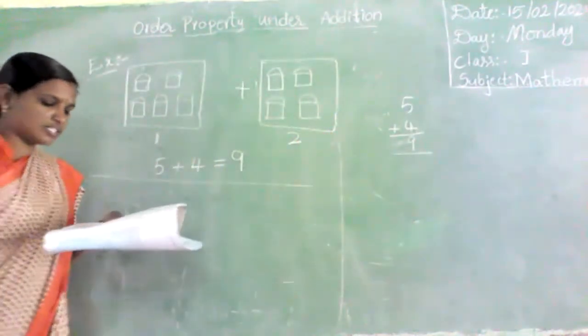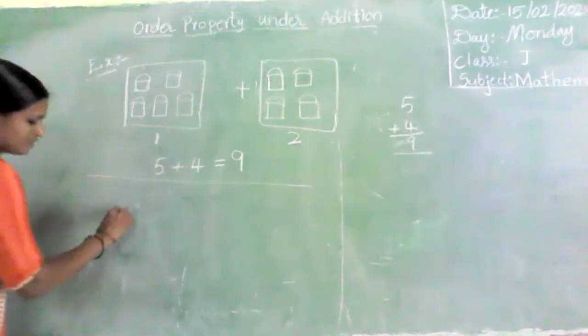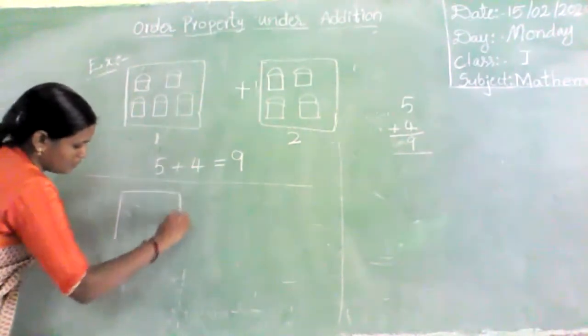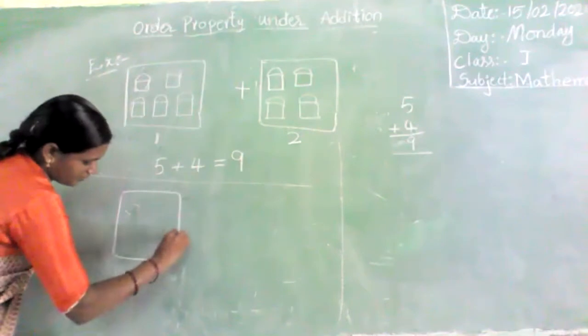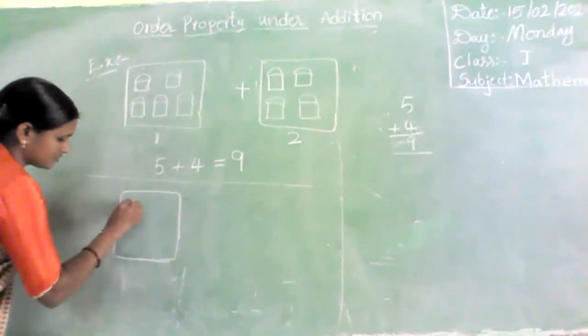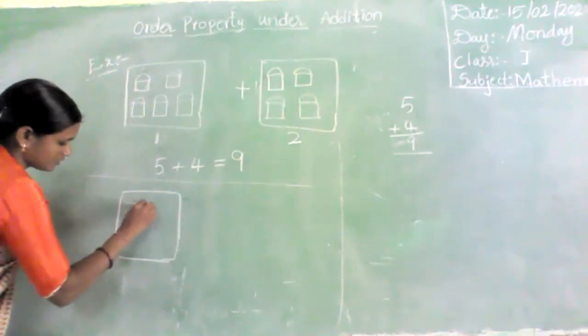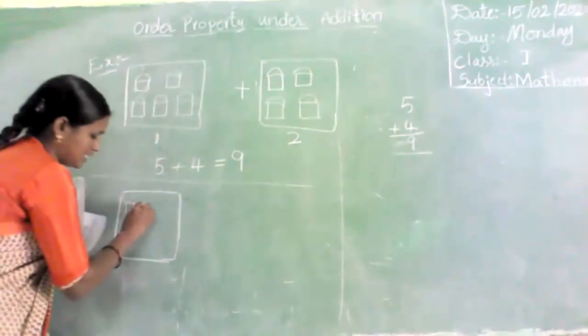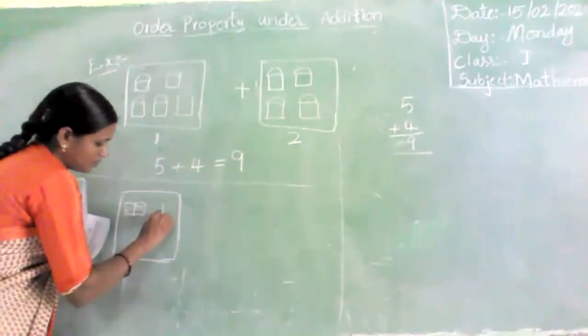Next, in box number 1 there are 4 books, and there are 2 boxes. In the first box, 4 books are there, children. How many books are there? 4 books.